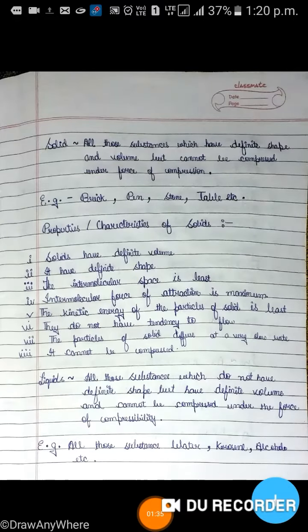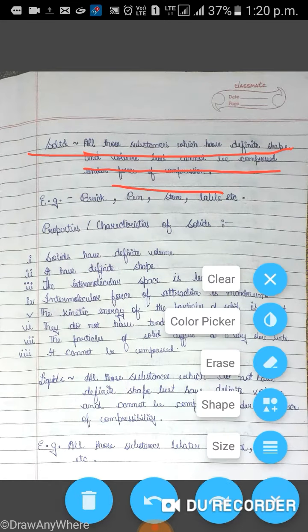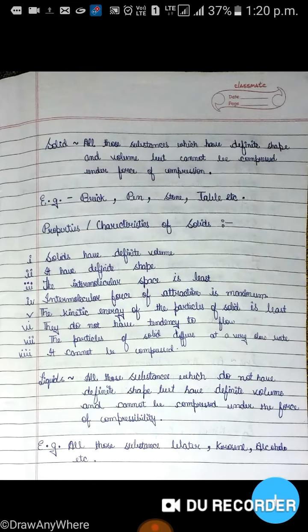Now we will know what is solid. All those substances which have definite shape and volume but cannot be compressed under force of compression are called solid. Some of its examples are brick, pen, stone, table, etc. The substances which have a fixed shape and a fixed volume but cannot be compressed.